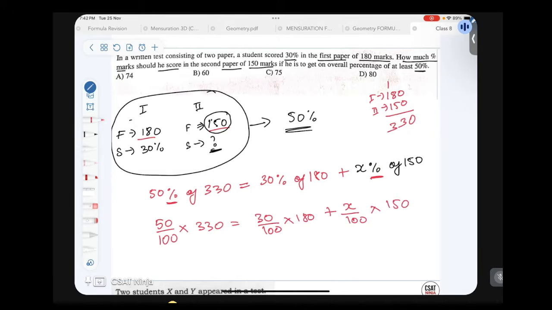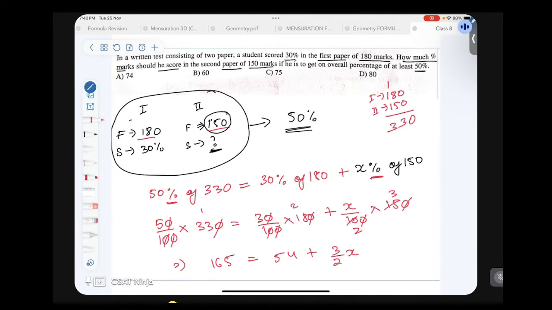The zeros cancel. 5 threes are 15, 5 threes are 15, and 3 eights are 24, so 165 equals 54 plus 3 by 2 x. Can I just write it like this? This is what we have.